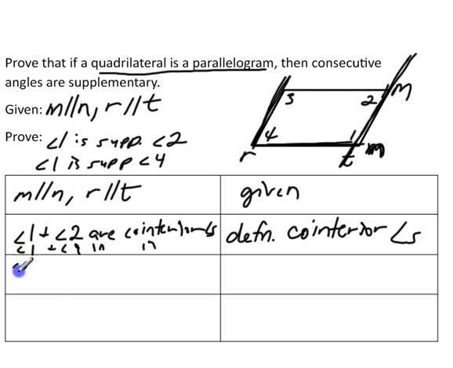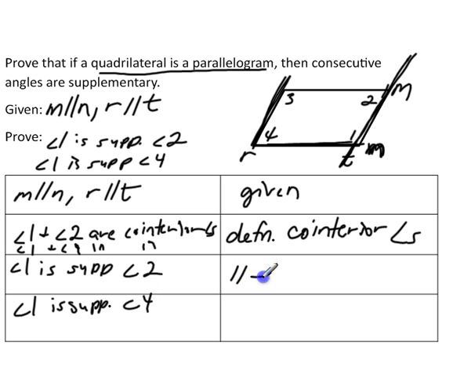Then we can say angle 1 is supplementary to angle 2, and angle 1 is supplementary to angle 4, because parallel lines implies that co-interior angles are supplementary.